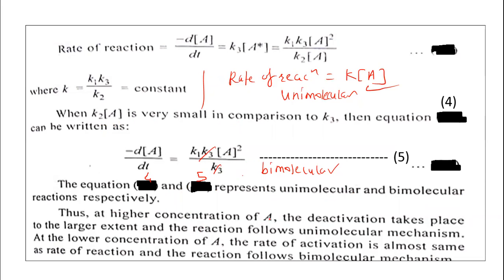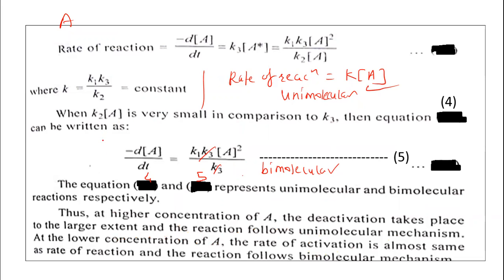Thus, at higher concentration of A, the deactivation takes place to a larger extent and the reaction follows unimolecular kinetics. So when we keep a higher concentration of A, the rate of the reaction should depend upon it.